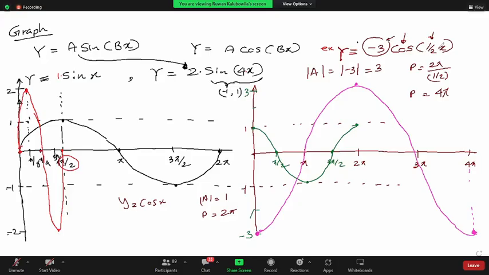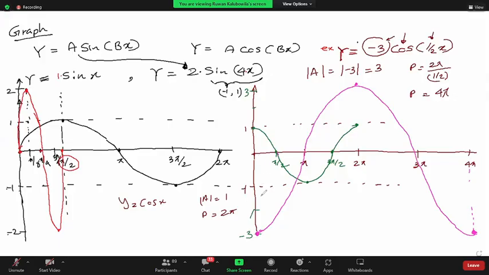So you can see, right? The appearance of the graph is like a mirror image of the original cos curve, because we have a negative sign in front of it. That is why we have this shape. And you can see the amplitude is bigger than the original one, because this has the number 3. So 3 is greater than 1, right?